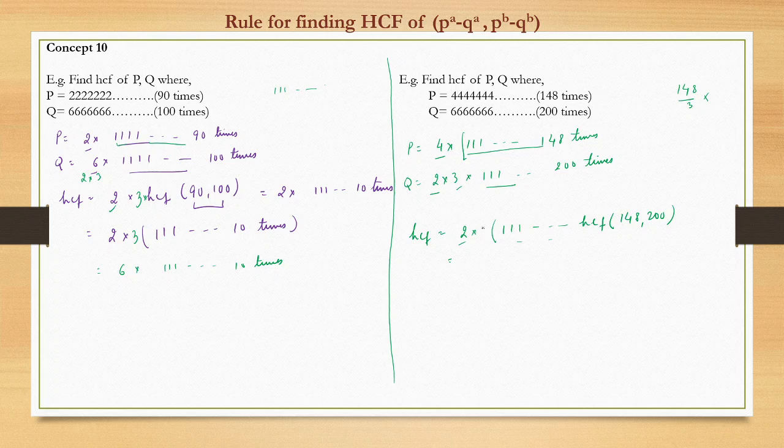Hence we will not have any 3 here. So the required HCF would be 2 into 1111, which is 2222. This is the answer, right?